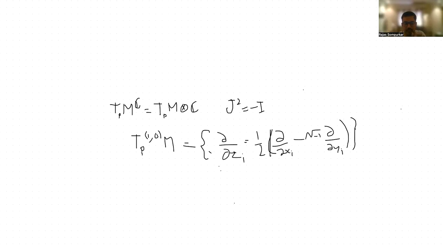Similarly, del by del z_i bar is 1 upon 2 times del by del x_i plus square root of -1 times del by del y_i, and that is the basis for the anti-holomorphic tangent space.